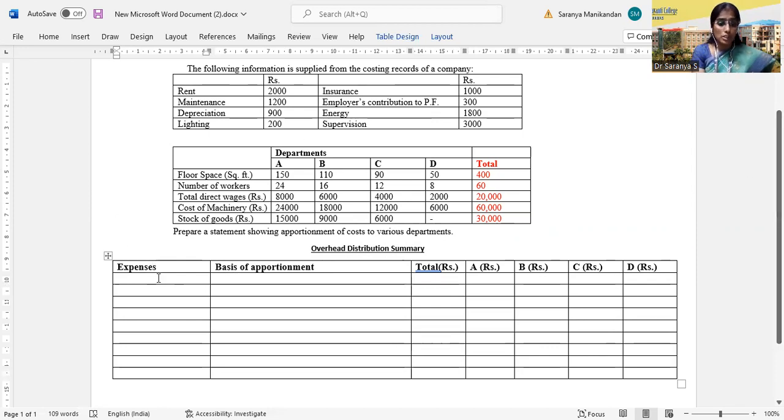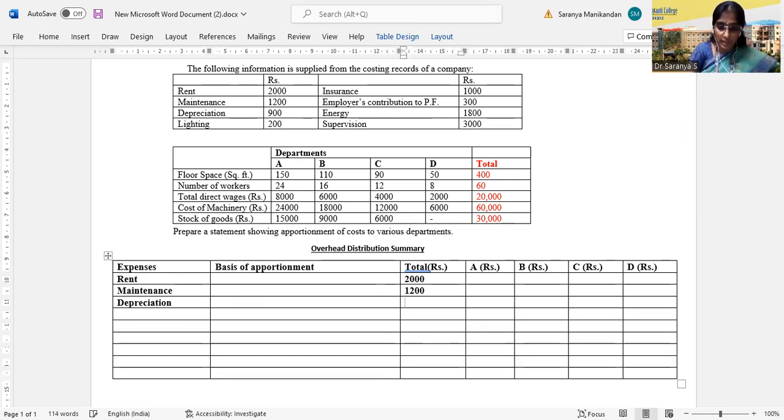Now the first one is rent. First we will fill the column: rent 2000. Total rupees is how much? 2000. So first we will fill the first column and the last column. Then we have maintenance 1200. Then depreciation, that is 900. Then lighting, that is 200. Then insurance 1000.